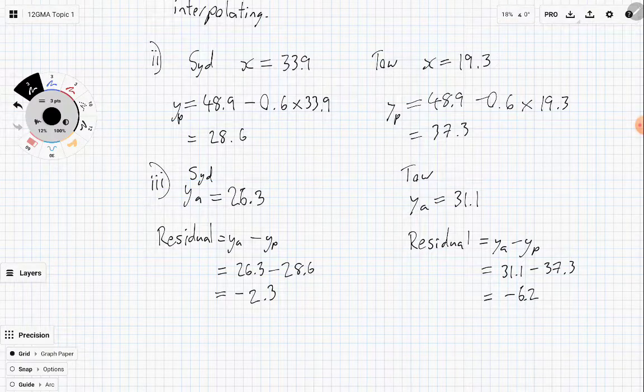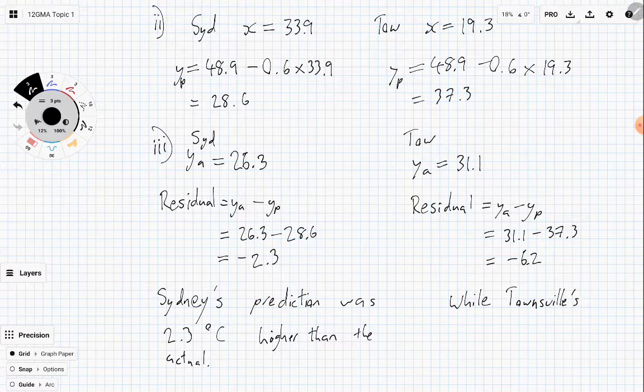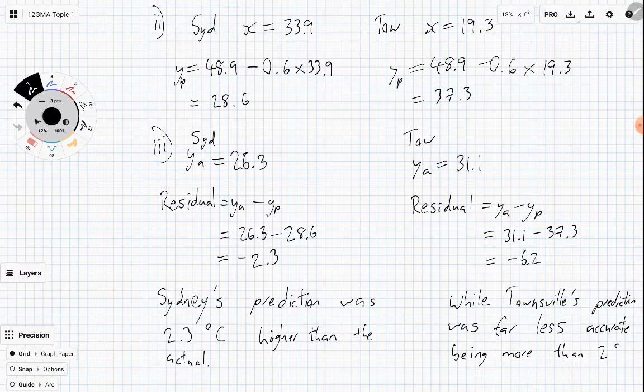So Sydney's prediction was 2.3 degrees Celsius higher than the actual, while Townsville's prediction was far less accurate, being more than 2 degrees over the actual.